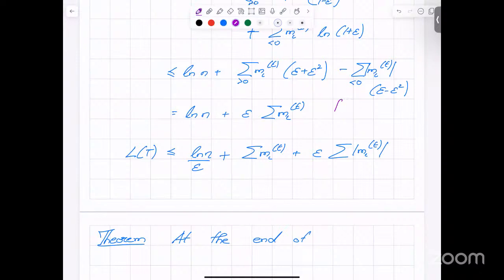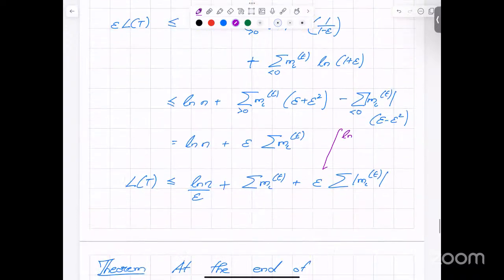One, we are using ln of 1 by 1 minus epsilon is less than or equal to epsilon plus epsilon square. That's the first one which I used. And the other one I'm going to use: ln of 1 minus epsilon is greater than or equal to minus epsilon minus epsilon square.